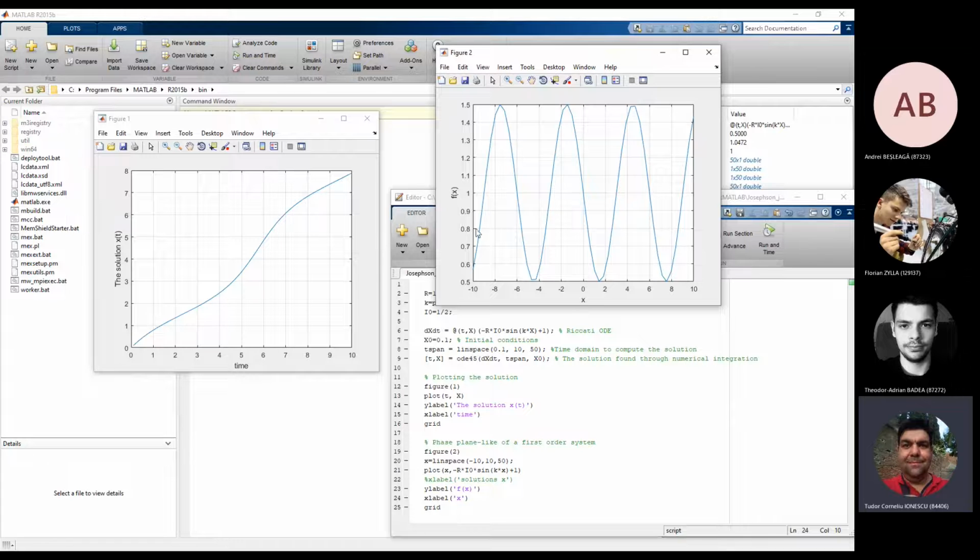So this is Fx versus X. This is the dynamics versus the solution space, X is the solution space. Can you notice anything? Look at the bottom part of the graph. What does Fx not do?